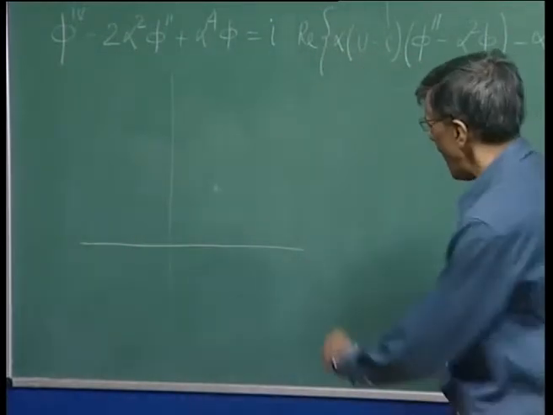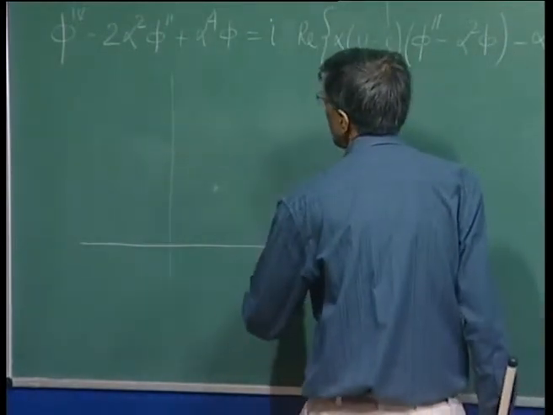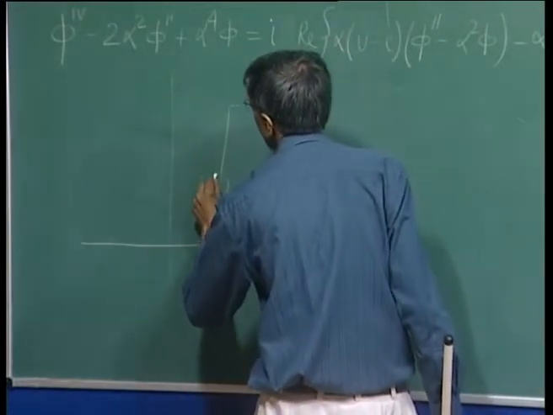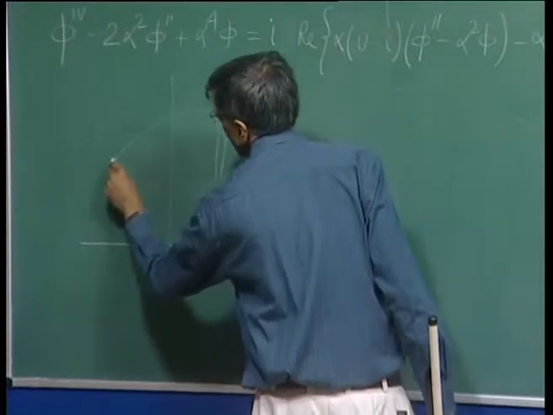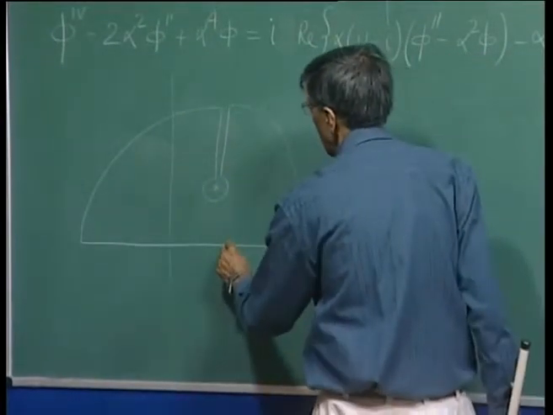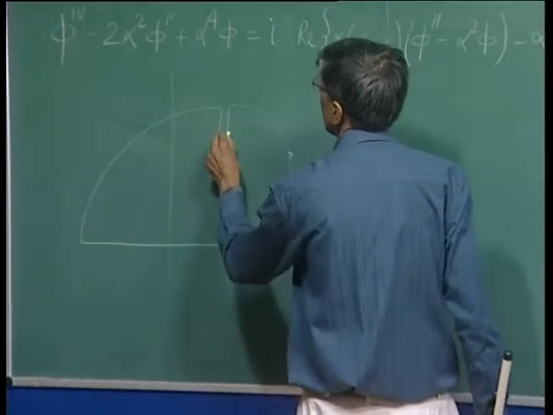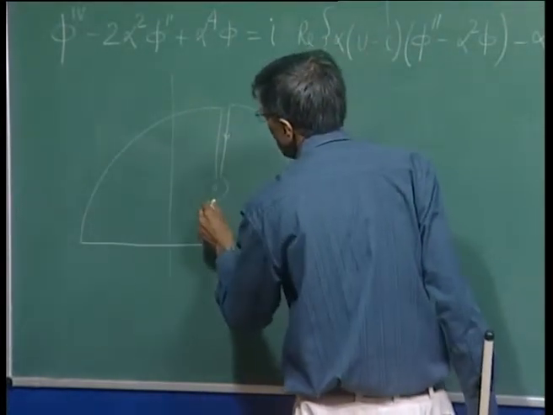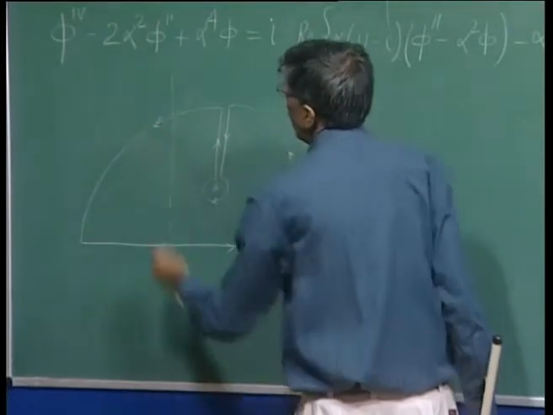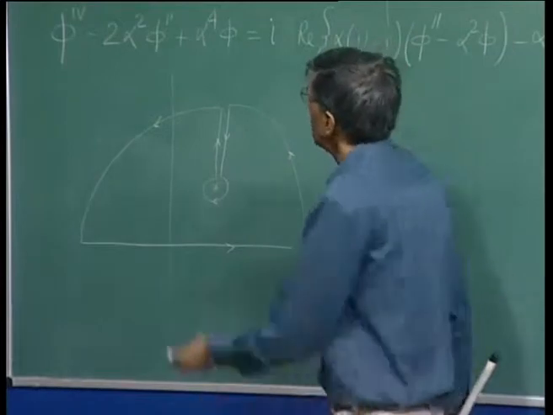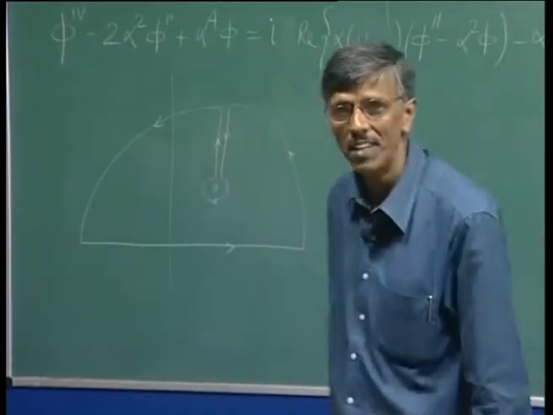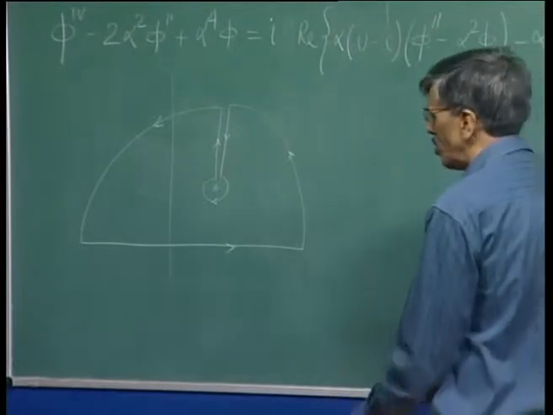Okay? And then I decide to close it from this side. And then I said I must bypass and close the contour like this. Remember, this is what we had done. So, we are showing the connection between receptivity theory and instability theory time and again. And this is the way we go about doing it.